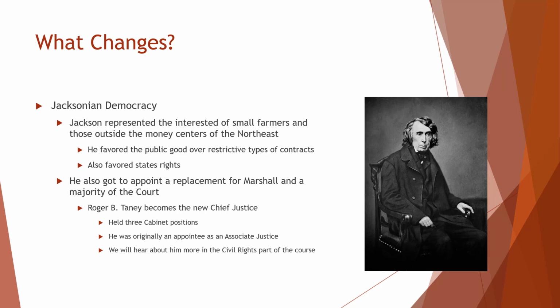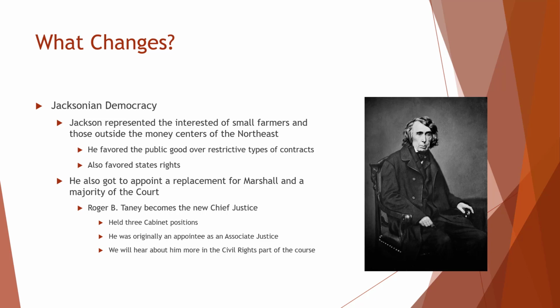And at the time that he dies, you have somebody that is the absolute polar opposite of him in the White House, and that was Andrew Jackson. So we know of this period as Jacksonian democracy. Jackson tended to represent the interests more of small farmers and folks outside the money centers of the Northeast and the East Coast.